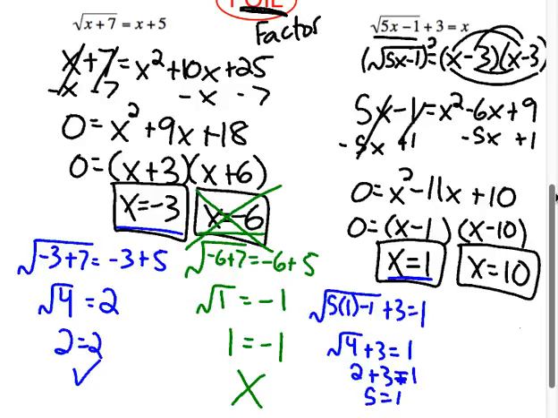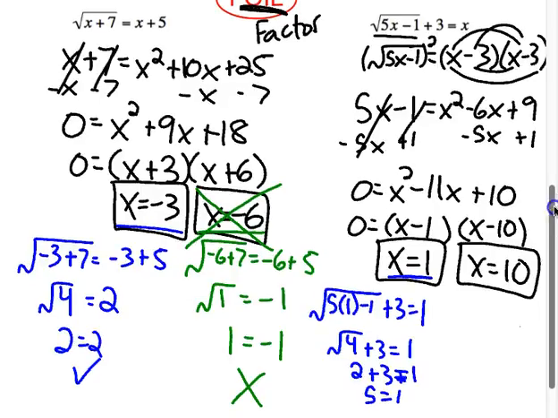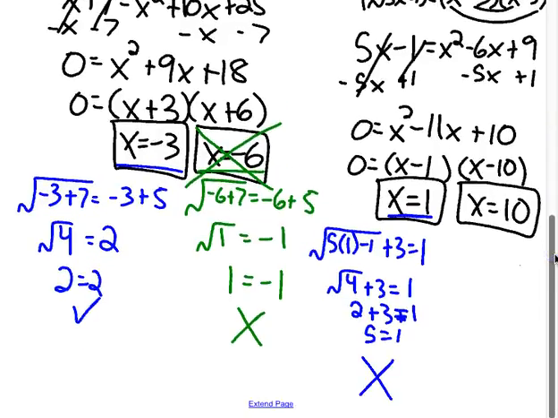We end up with a situation, okay? We end up with a completely nonsense answer, right? 5 can't equal 1. So when I was checking my work, I found something that didn't actually work in the original context. So remember, that means just put a nice X through that solution.